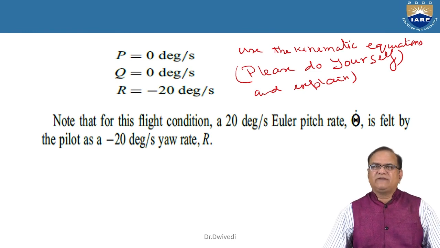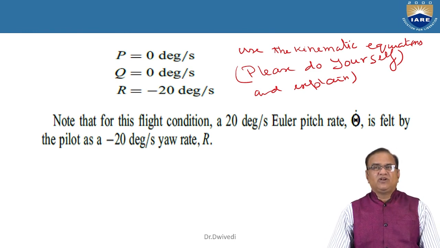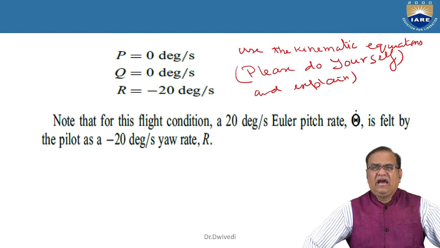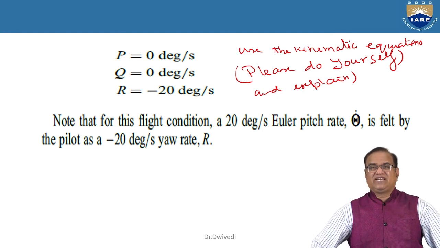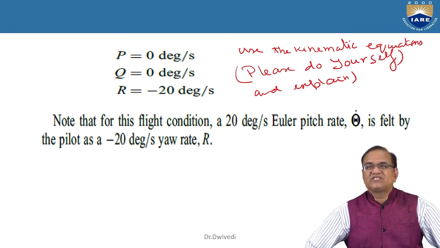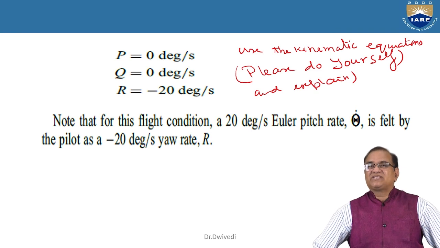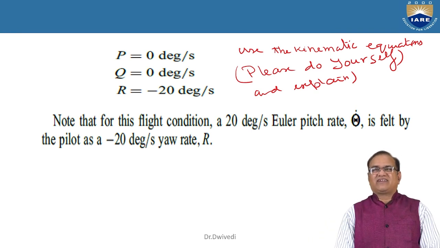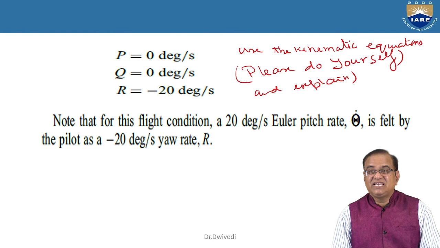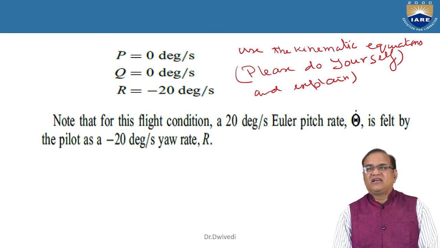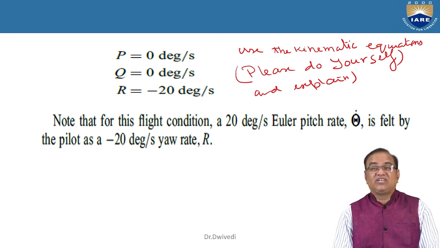So here the results are: P is equal to 0 degree per second, Q is equal to 0 degree per second, and R is equal to minus 20 degree per second. Note that for this flight condition, a 20 degree per second Euler pitch rate theta dot is felt by the pilot as a minus 20 degree per second yaw rate.